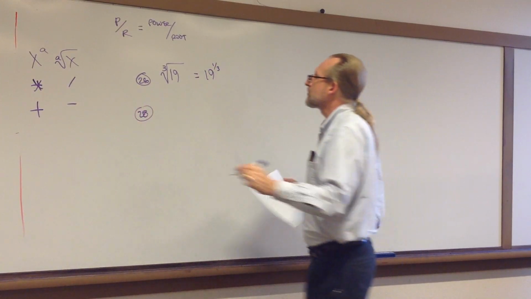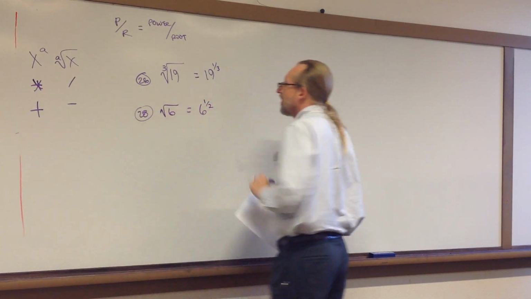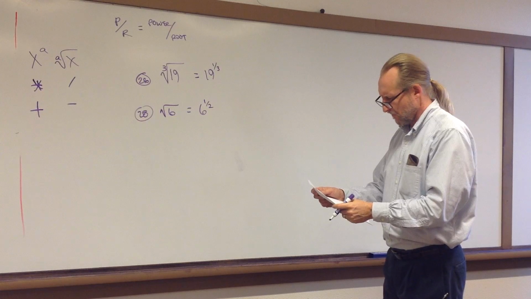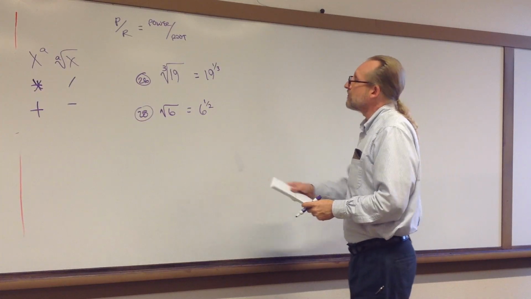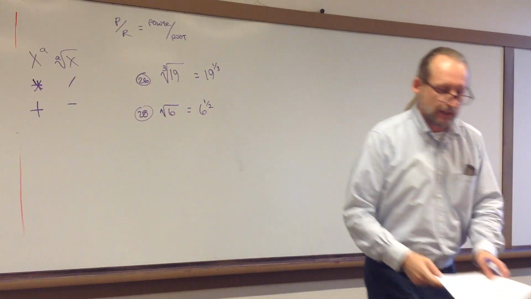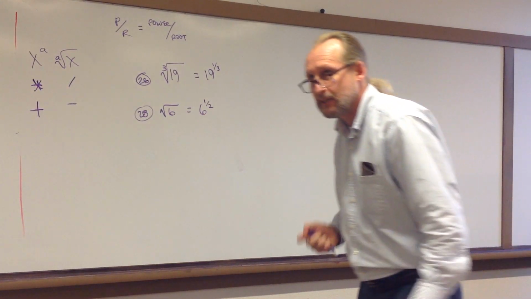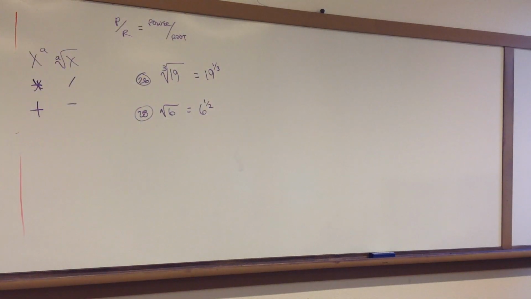Problem 28, square root of 6. Pretty straightforward, 6 to the 1/2 power. And you can use your calculator to do this, right? Check it out. You can do square root 6, and you can do 6 to the 1/2 power, and you should get exactly the same answer. So here, let me show you.